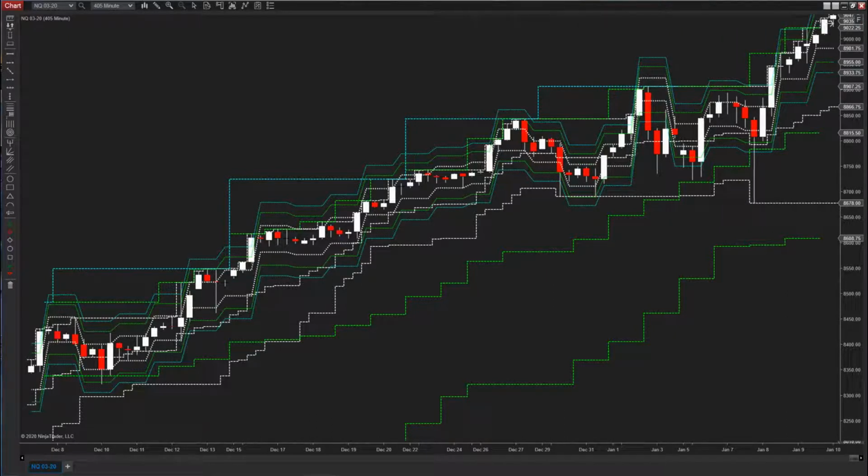We're in a strong uptrend, so anytime it gets below the white line and you get a tail that touches one of these lower ones, that's where you want to be a buyer. Take it back up. Anytime it gets below the white line, you want to be a buyer.